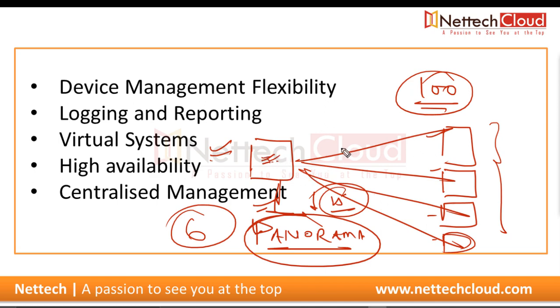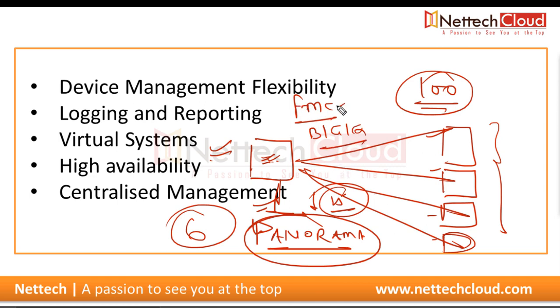However, it's not a very unique feature of Palo Alto firewall. Similar features we have in Checkpoint firewall also, known as security management server. In Cisco also, FMC, Firepower Management Center. In F5 also, BIG-IQ is the centralized management server.